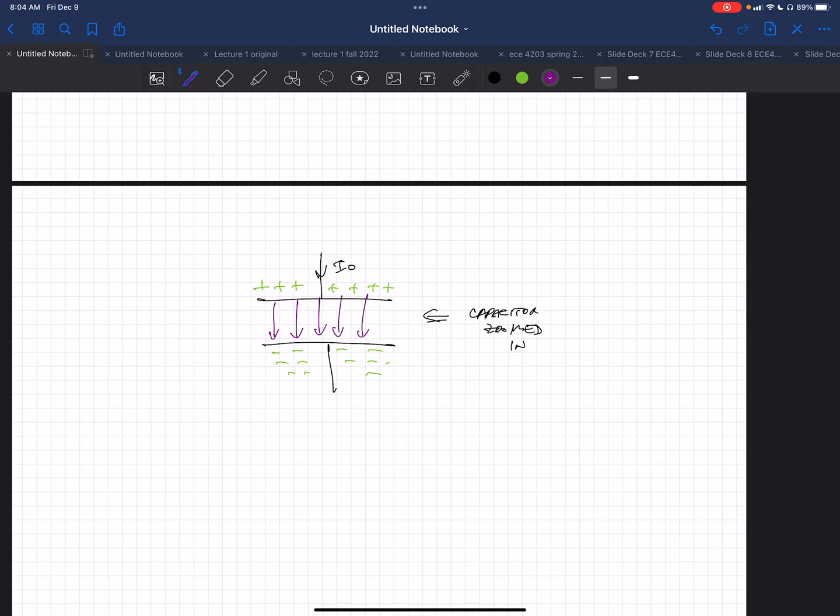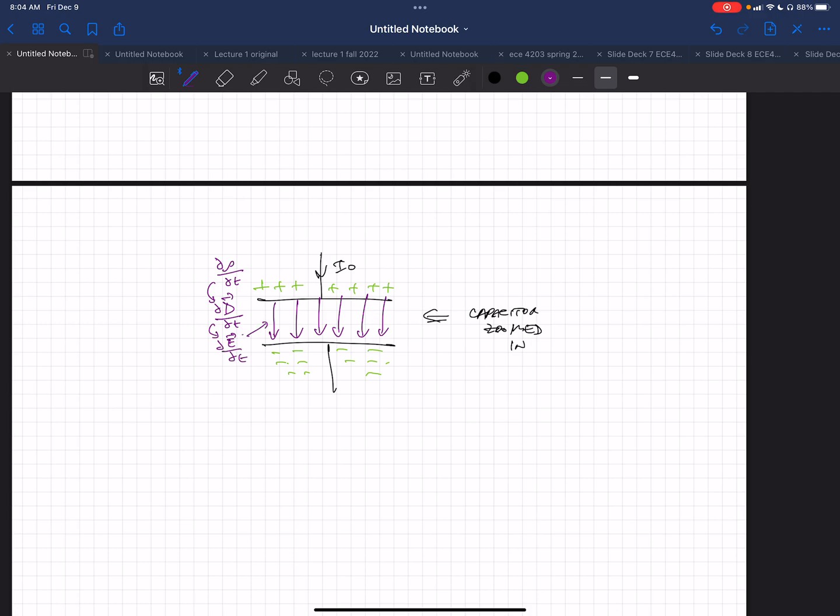Or let's just say we get a D field, so we get a change in the charge density, which now gives us a change in the D field, which gives us a change in the electric field from the top to the bottom.